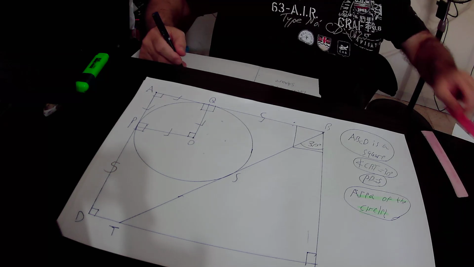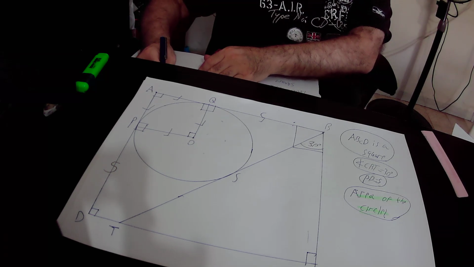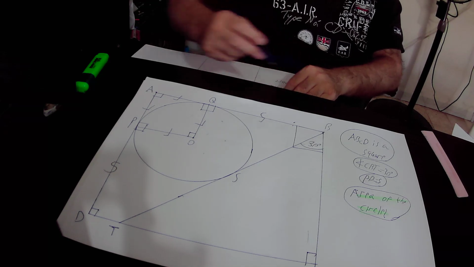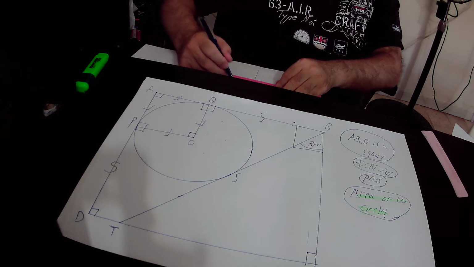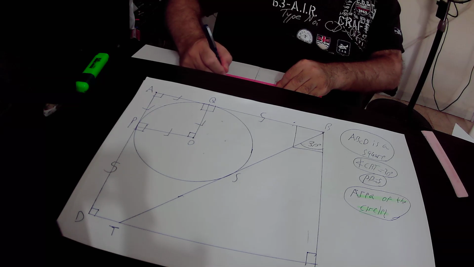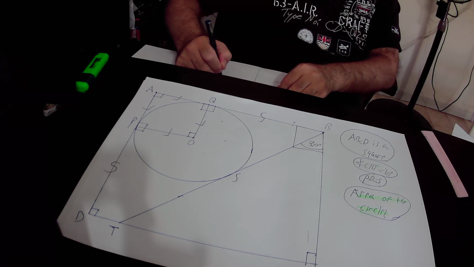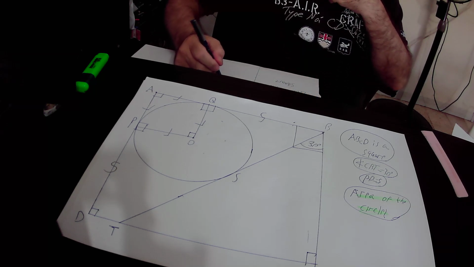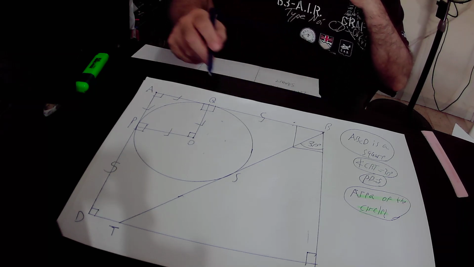So in our drawing, we will focus on the common external point, point B. From the common external point, point B, we have two tangents to this circle.